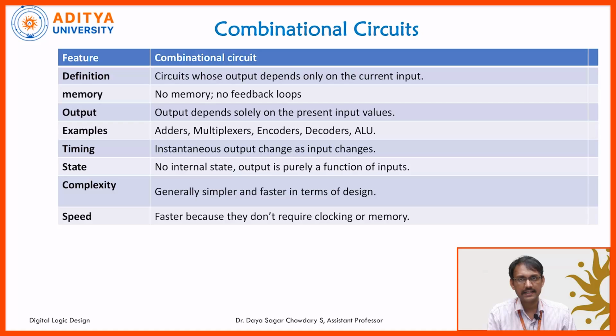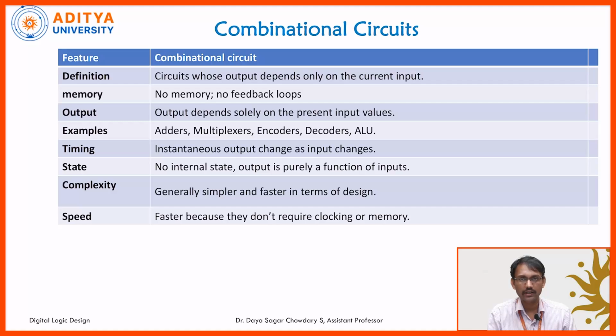If memory is included, we call that circuit a sequential circuit, but here we are using combinational logic circuits, which have no memory elements. Output depends solely on the present input values. We already discussed this. Examples: adders, multiplexers, encoders, decoders, and the ALU, which is the arithmetic logic unit.